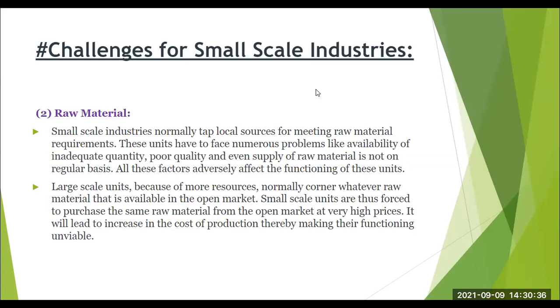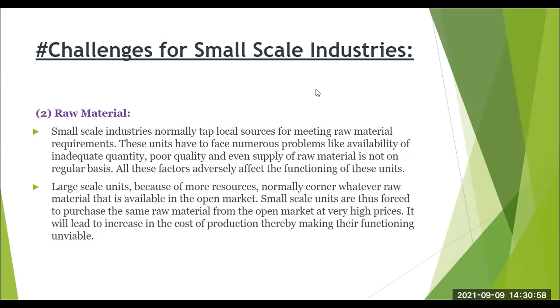So coming back to the point we were discussing, that is raw material: shortage of raw material, inadequate raw material, non-availability, increase or decrease in the price of raw material, increase in the cost of production, packaging of the goods. All of these belong to the raw material challenge.